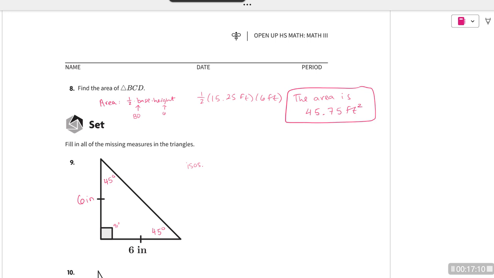Now we just need to find that last side. Let's use Pythagorean's theorem. And if you know the ratios for a 45, 45, 90, absolutely go ahead and use that. Right now we're just going to act like we don't know this. So my hypotenuse there, I'll do h for hypotenuse. So h squared. So we get 36 plus 36 equals h squared. Well, it gives us 72 equals h squared.